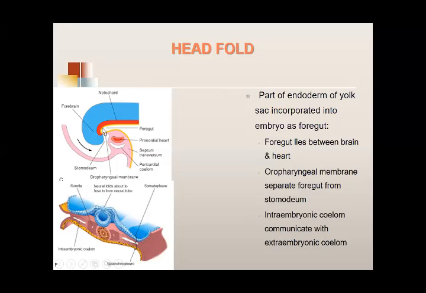And we said that the cranial part of the foregut is the pharynx. Stomodium is the developing mouth. So when this oropharyngeal membrane will rupture, the mouth will come in contact with the pharynx.